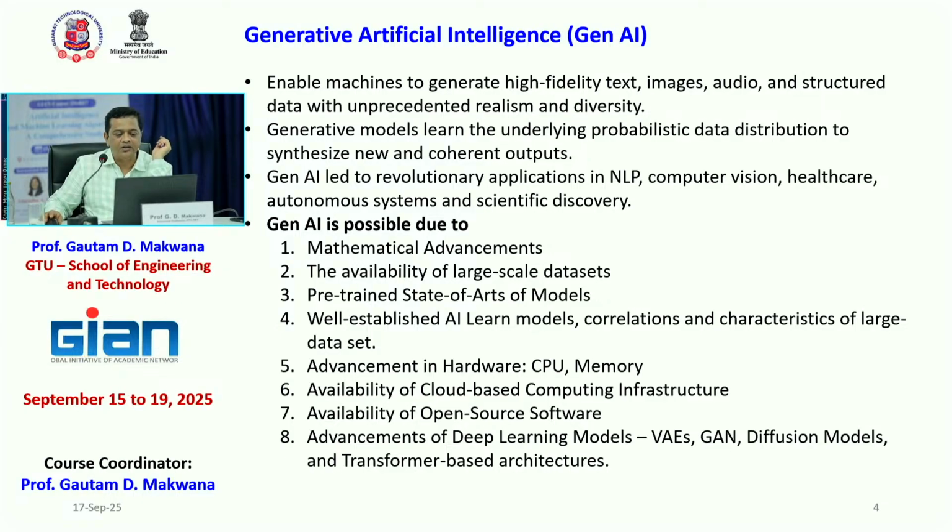Generative models learn the underlying probabilistic data distribution to synthesize new and coherent output. Generative AI has led to revolutionary applications in NLP, computer vision, autonomous systems, and scientific discovery. The main aim is to create new content in any domain, either text, images, or videos.